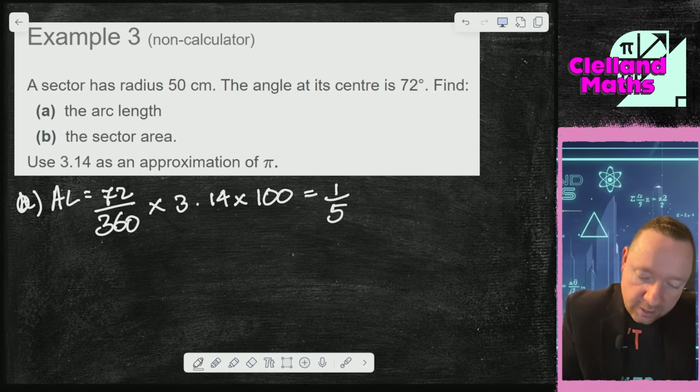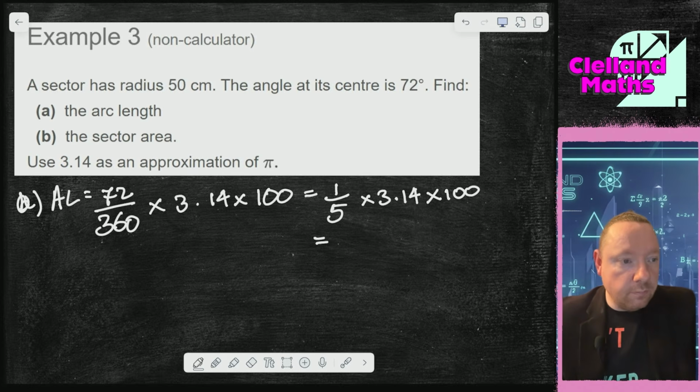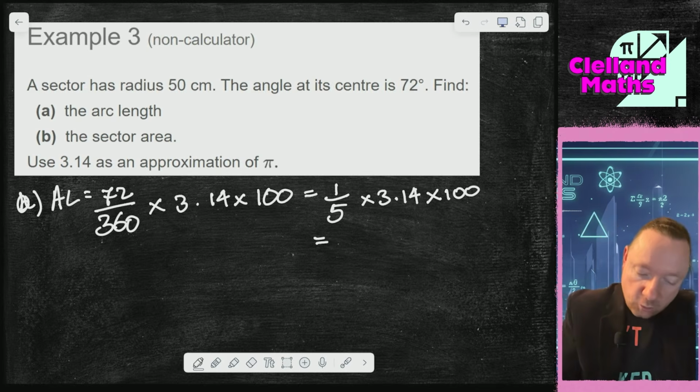You get 1/5 times 3.14 times 100. Leave your 3.14 to the end if you want. So 1/5 of 100 is 20.